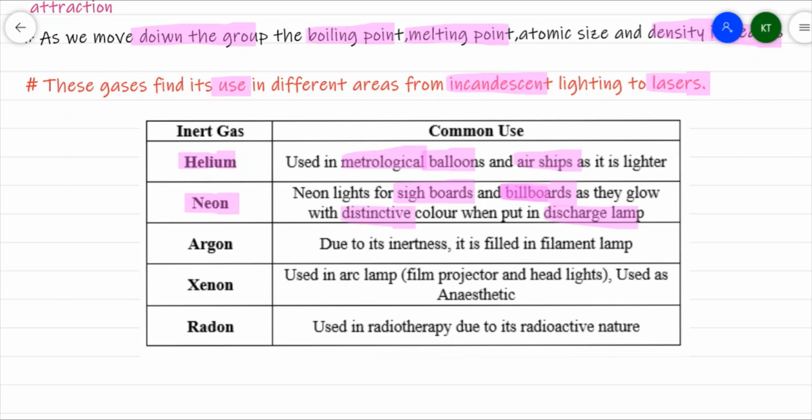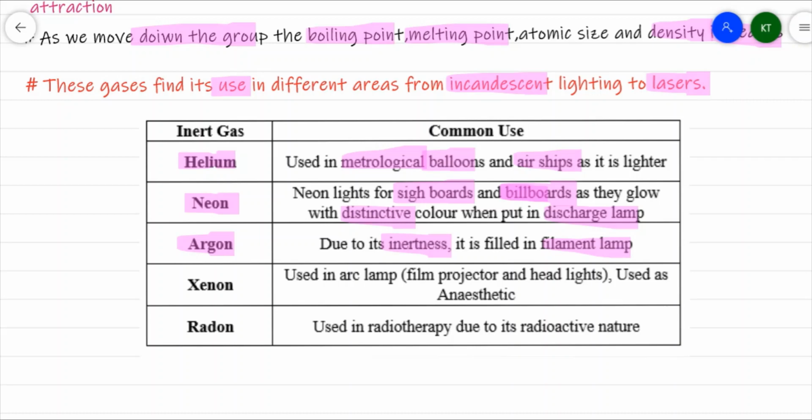Then argon. Because of its inertness, argon is filled in filament lamps. The filament lamp has a tungsten filament, and when the tungsten filament is heated, it emits light. If you had another gas, it might react with the tungsten at a higher temperature.